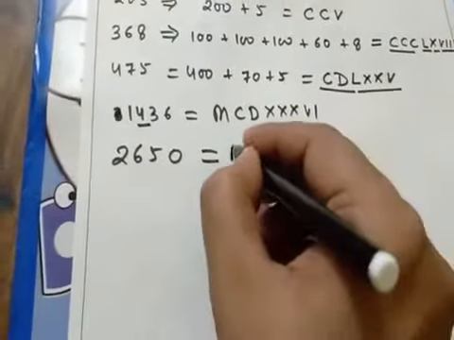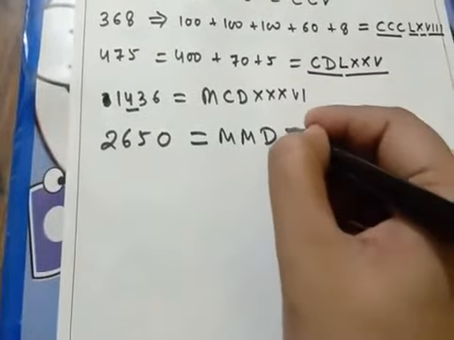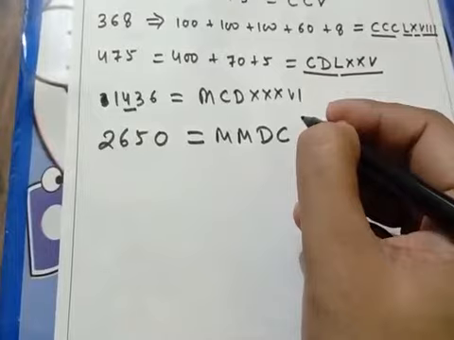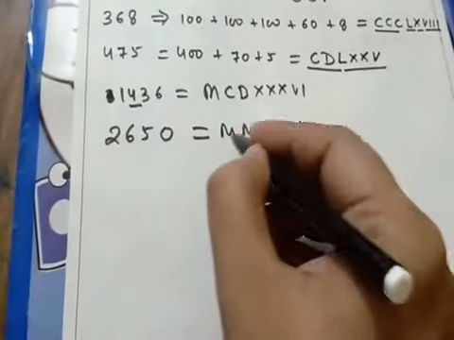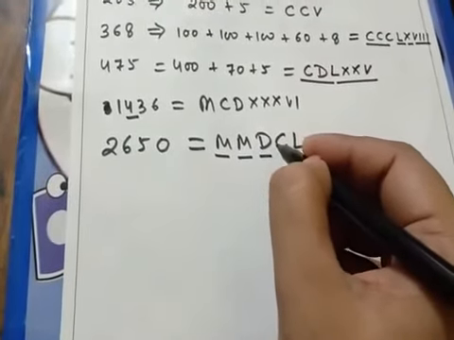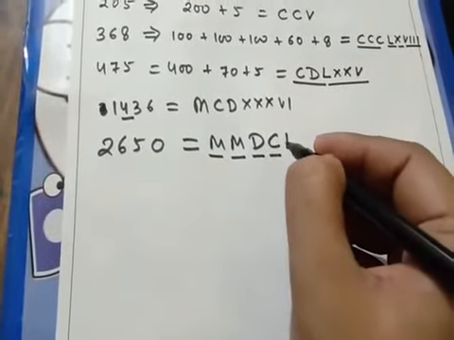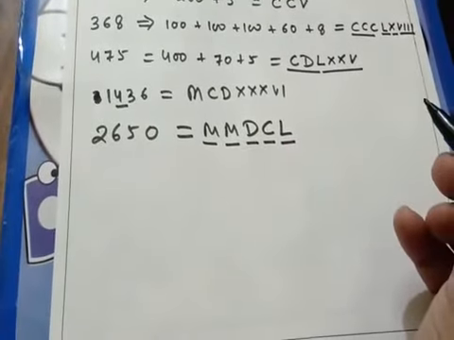Now 1000, 2000, and this is 500, adding C becomes 600, then 50. 1000, 2000, 500, 2500, and C makes 2600, plus 50.